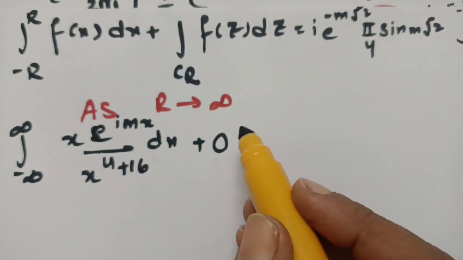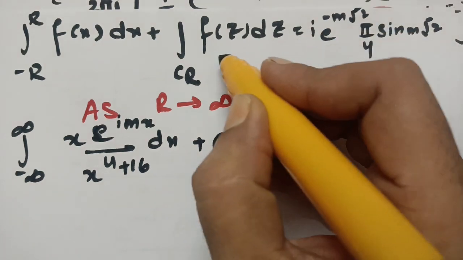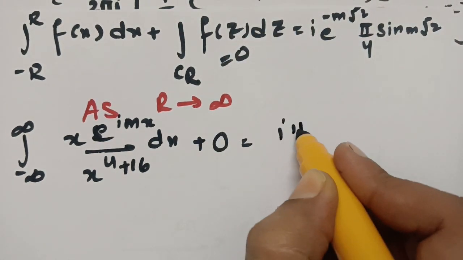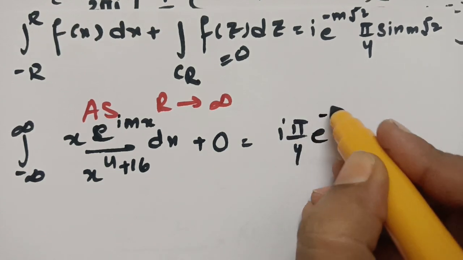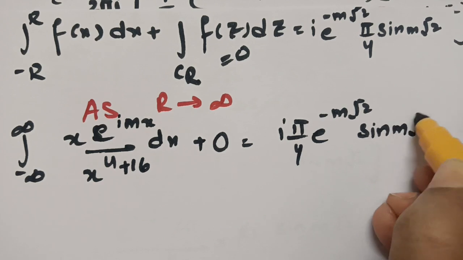I have given crystal clear clarity on this in my previous video; please go through that, as it is a very lengthy video. So this is going to become 0 as r tends to infinity, and the right side is i times pi by 4 times e power minus m root 2 times sine m root 2.